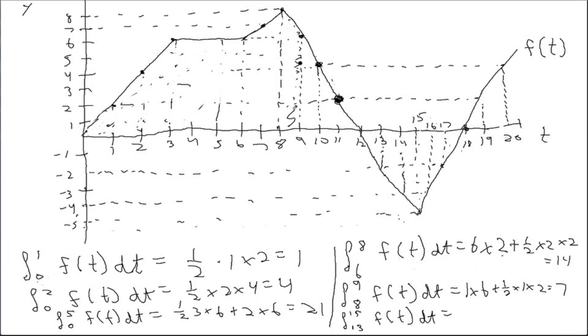So between 13 and 15, we can split the area between 13 and 15 up into two shapes, a rectangle and a triangle, and the rectangle is 2 times 2.